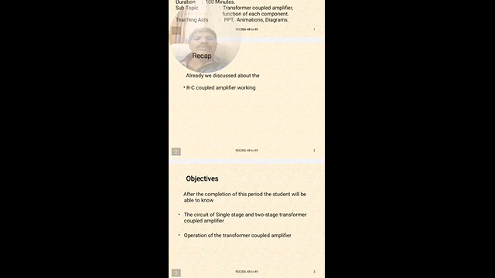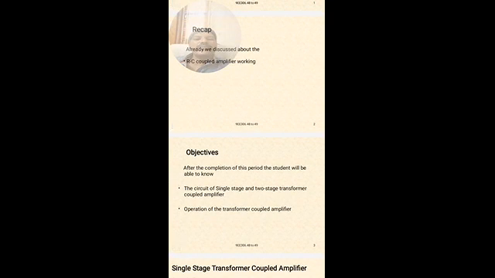You know, in a multi-stage amplifier, the gain of a single stage amplifier is not sufficient, and also for proper impedance matching we go for multi-stage amplifiers, where the output of one stage is coupled to the input of the next stage using coupling devices, with different coupling methods.